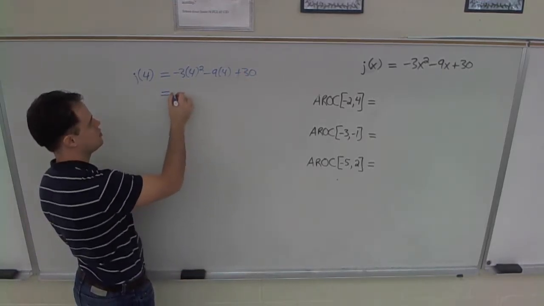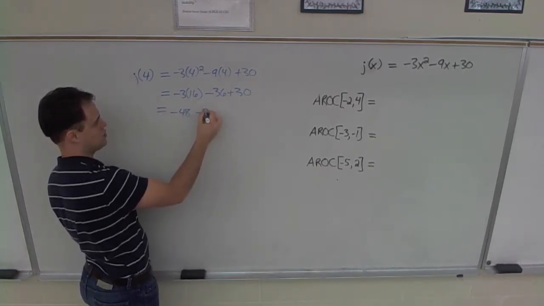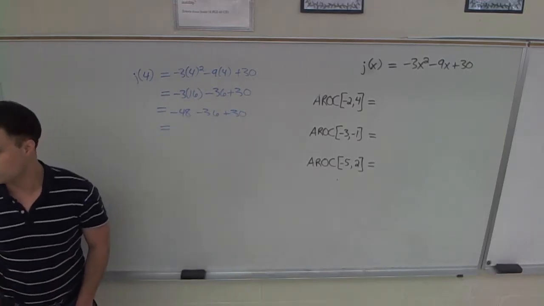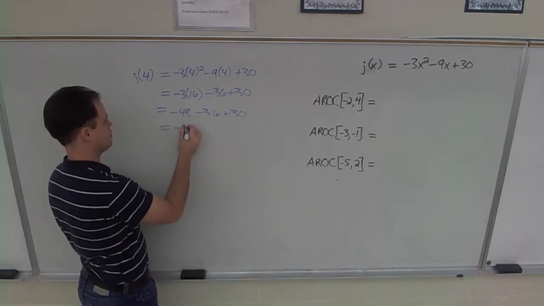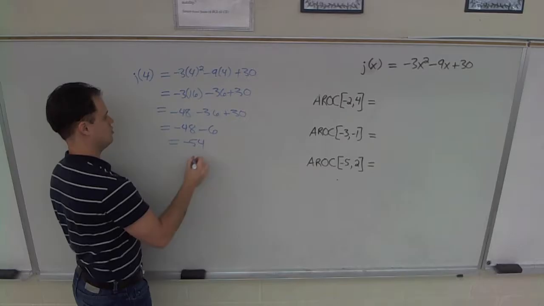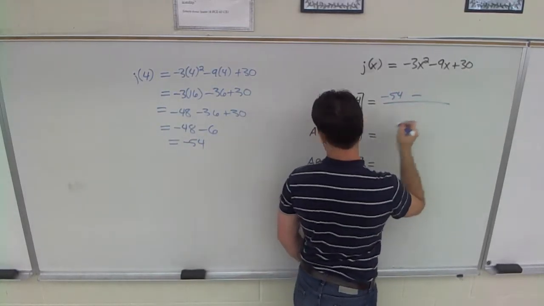So that's -3 times 16. 9 times 4 is 36. That's -48 minus 36 plus 30. I'm getting some pretty big numbers, so you can go to your calculator if you want. It's fine with me. I'm going to do it like this though. That's minus 6. -54 is the first y value that I need.